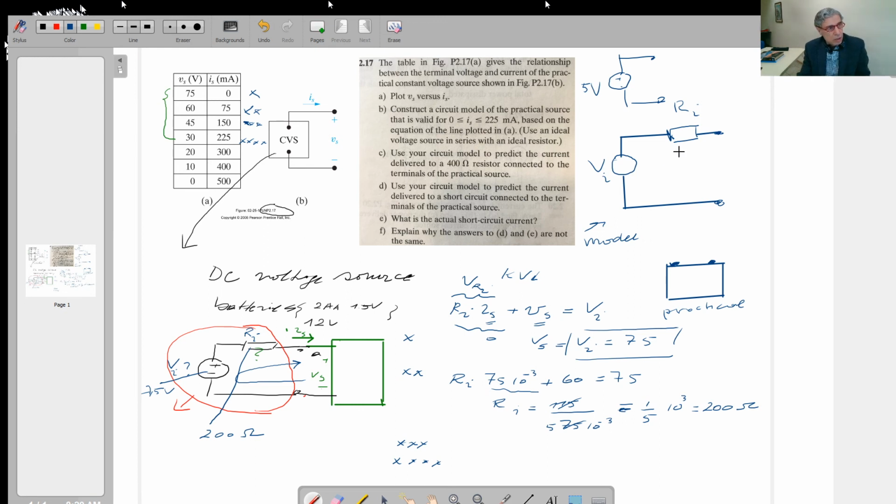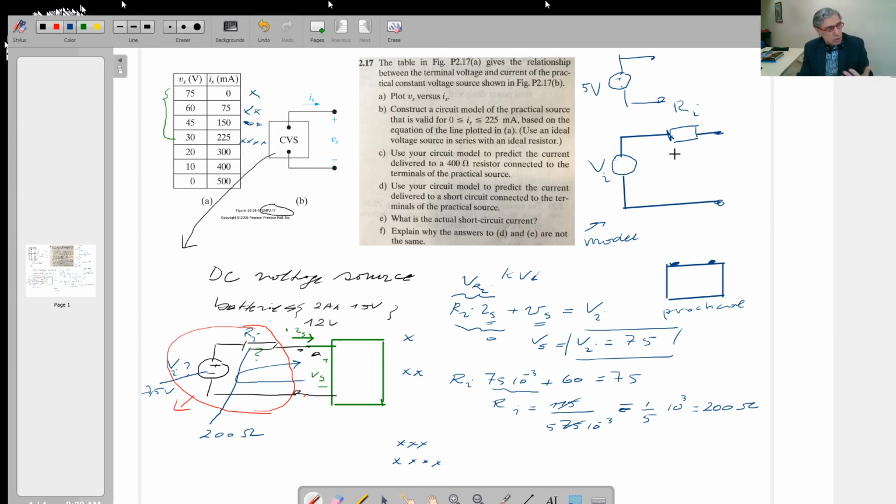So the ideal independent voltage source is the one whose internal resistance value is equal to 0. But in practice it is impossible.